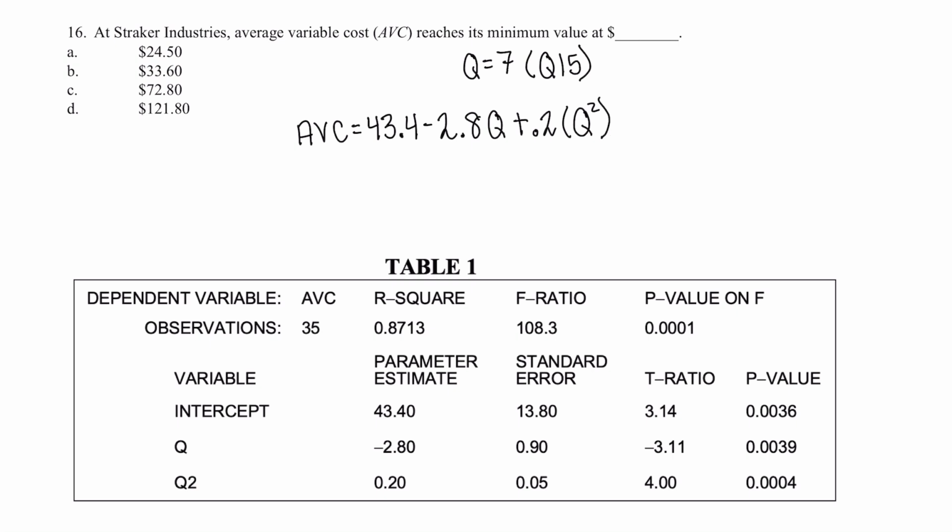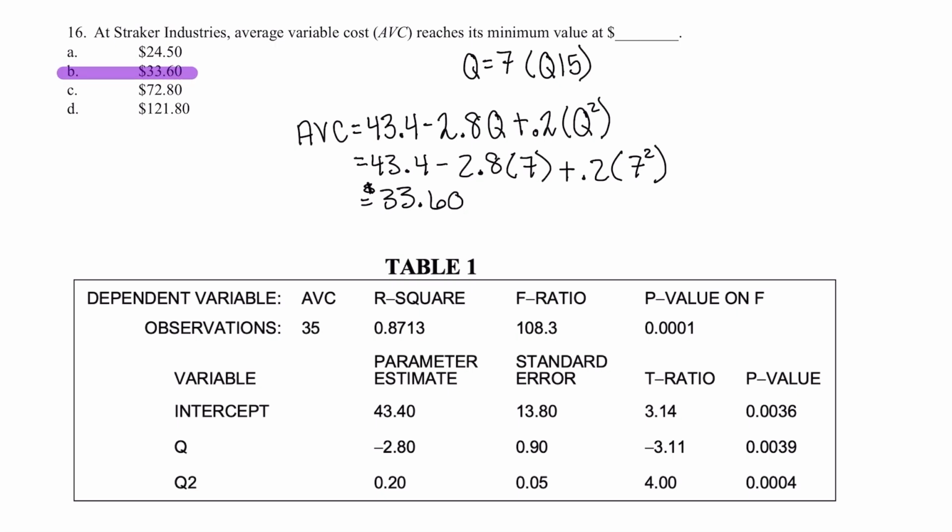So if we substitute 7 into that, it's going to be 43.4 minus 2.8 times 7 plus 0.2 times 7 squared, which gives us 33.60, or B.